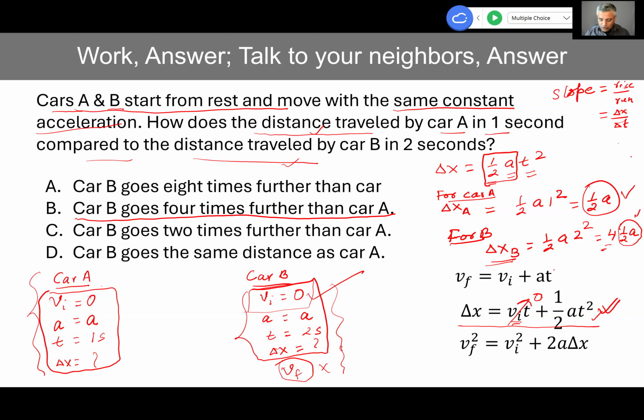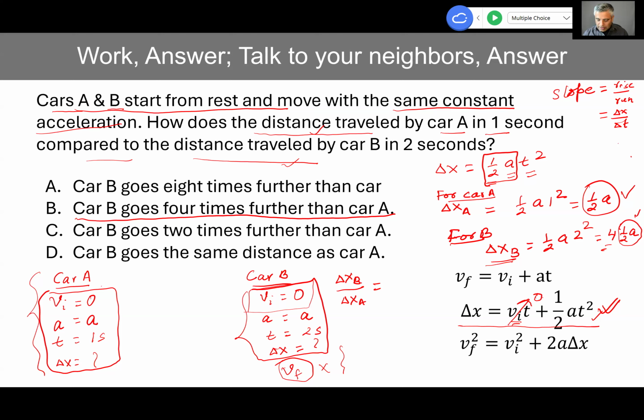So what do I mean by that? For example, I can do delta XB divided by delta XA. This is called dividing one equation by another equation. When you do that, what happens? The left side divides the left side and the right side divides the right side. So I'm dividing the left sides of both.